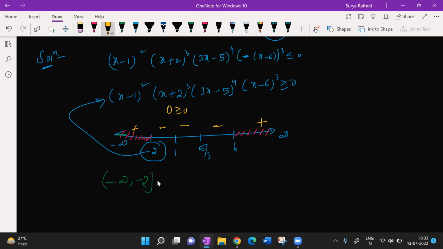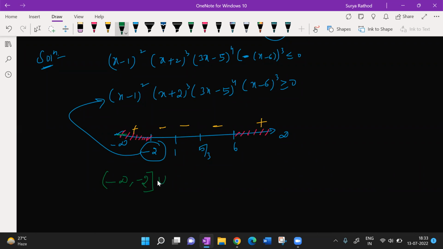Is 0 greater than or equal to 0 a valid statement, Dipshika? Yes, sir. It's a valid statement. Which means you can include minus 2. So that is why I'm keeping a close bracket there, meaning we are including minus 2.